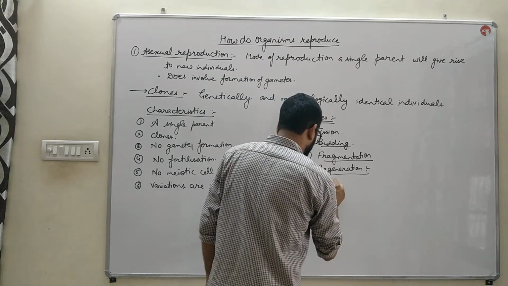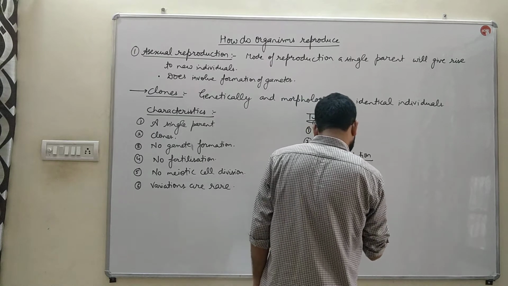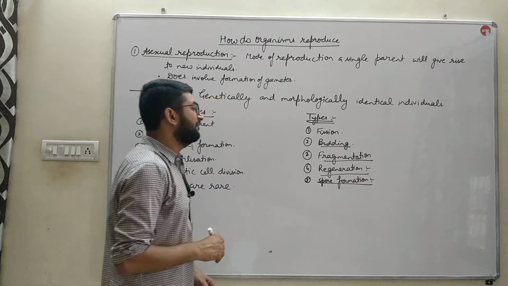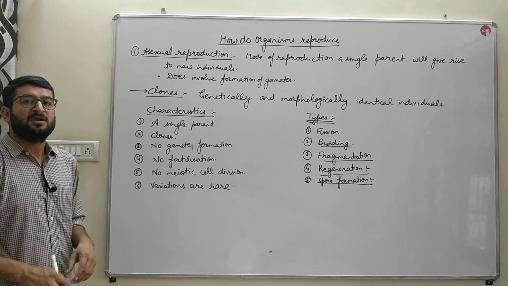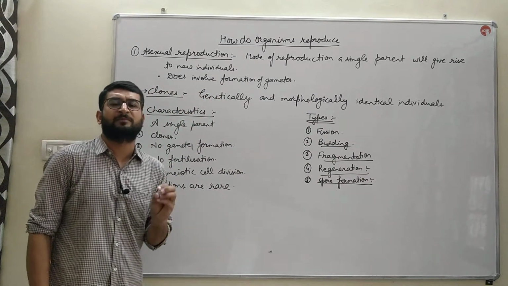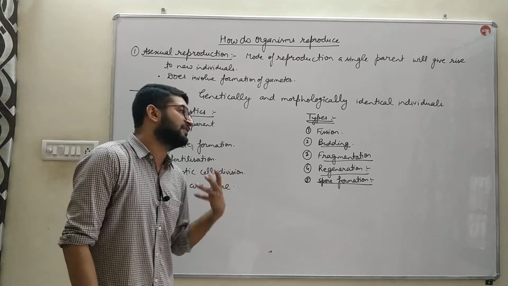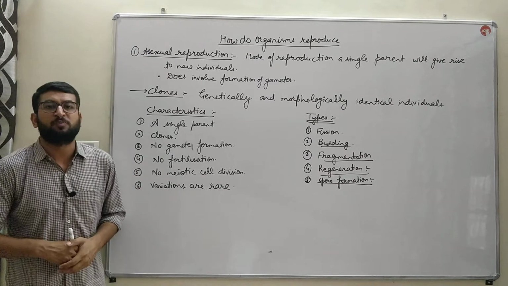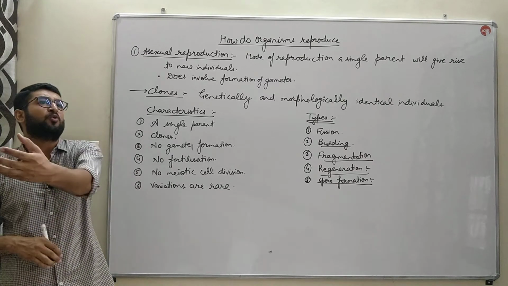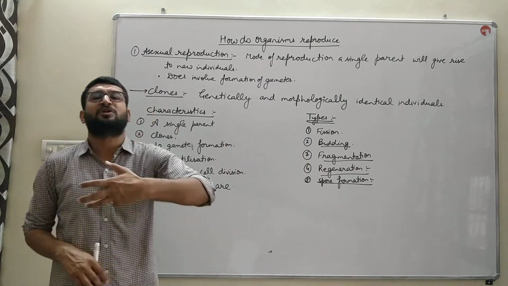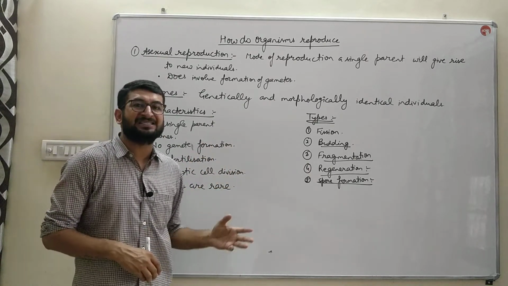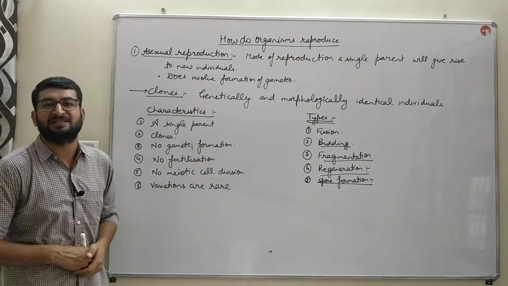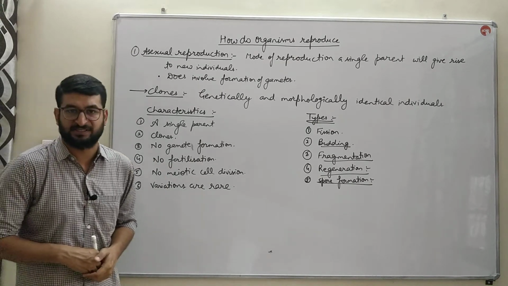Next, spore formation. The mode of asexual reproduction in which multiple tiny reproductive units are formed, those reproductive units are known as spores, and these spores spread away into the various areas, and wheresoever those spores fall, a new organism arises at that particular place.